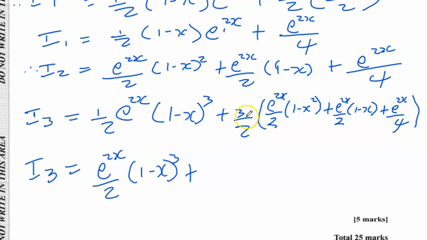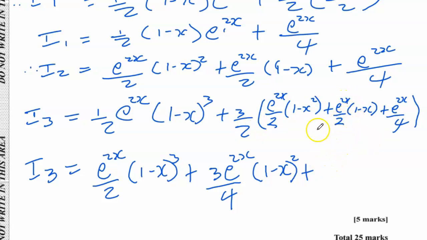So 3 over 2 times e to the 2x over 2 would be 3e to the 2x over 4, into 1 minus x squared, plus, distributing the 3 over 2 to here, again we'll have 3e to the 2x over 4 into 1 minus x.